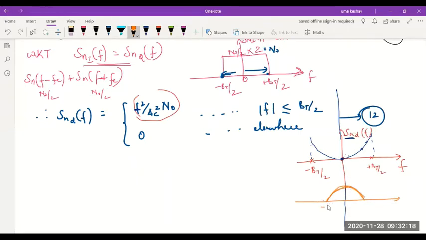And for the message, it will range from minus W to plus W. This is S_M(f), the power spectral density of m(t), the message.